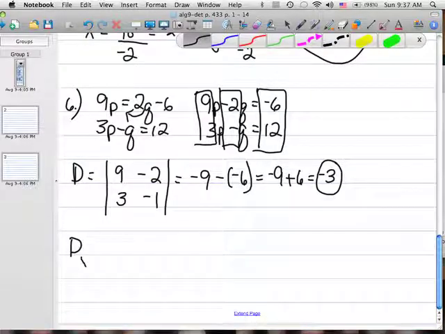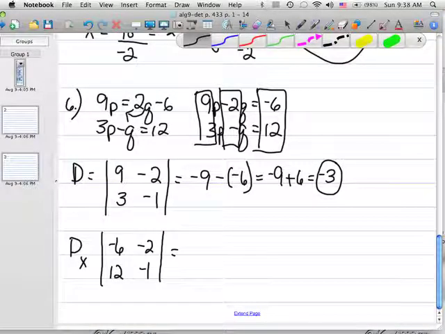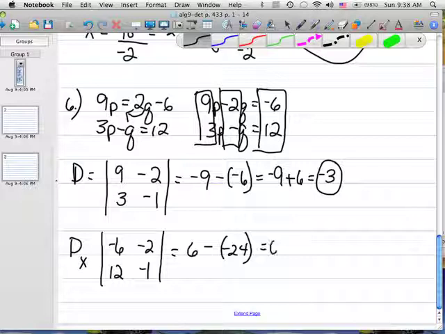The matrix for the x value is, since I'm looking for x, I don't put the 9 and the 3 down. I put the constants, negative 6 and 12. Leave the y column alone. Do the multiplication, negative 6 times negative 1 is 6, minus a negative 2 times 12 is negative 24. So I get 6 plus 24, which is 30.